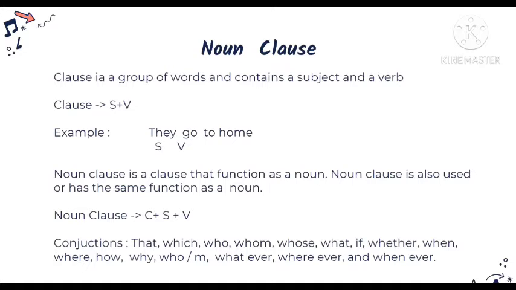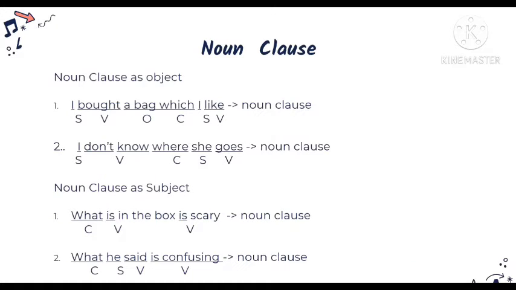The conjunctions are that, which, who, whom, whose, what, if, whether, when, where, how, why, whoever, whomever, whatever, wherever, and whenever. For the conjunction, we can use for the subject: which, what, who.